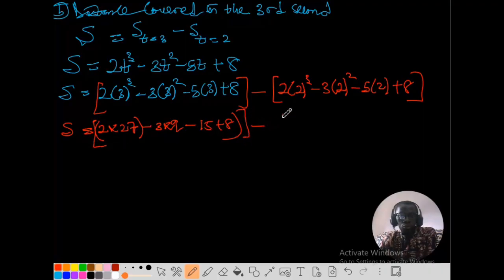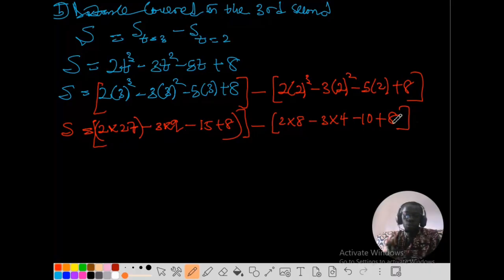Then minus, 2 raised to power 3 is 8, so you are left with 2 times 8, minus 3 times 2 raised to power 2, which is 4, minus 5 times 2, 10, plus 8. So simplify that. 2 times 27 will give you 54. Now, the distance in the third second will be 54 minus 3 times 9, which will give you 27.